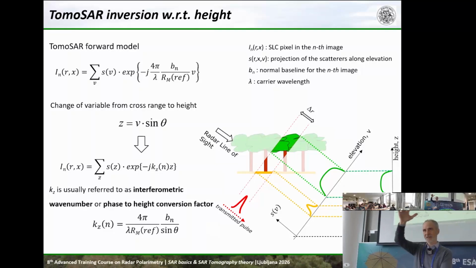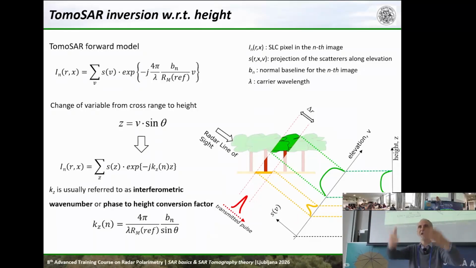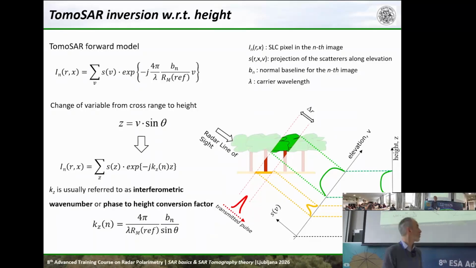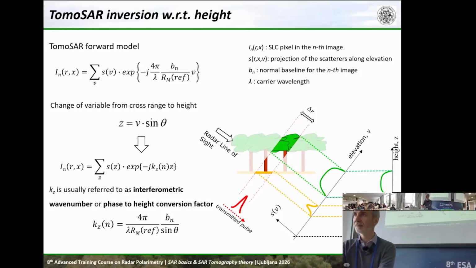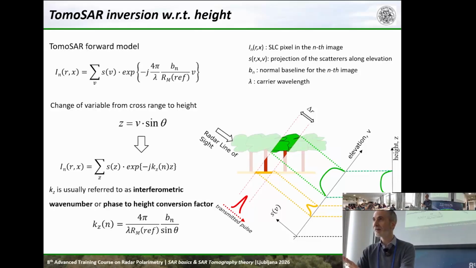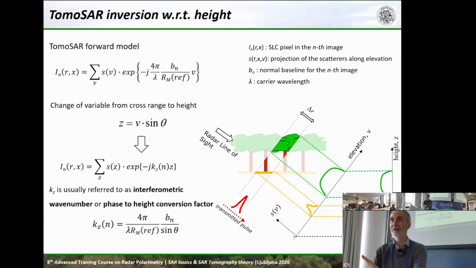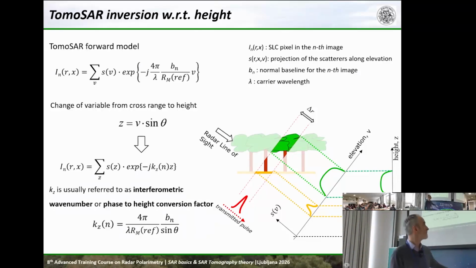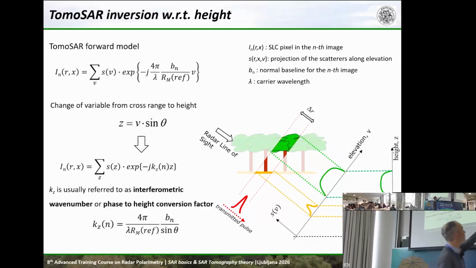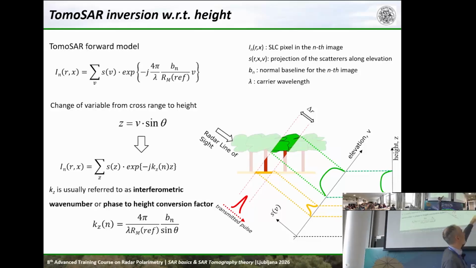It is slanted. Remember the bicycle tire. Imagine that you take the bicycle tire, you squash it. What you do with tomography is to recover the squashed signal. This is what you recover.